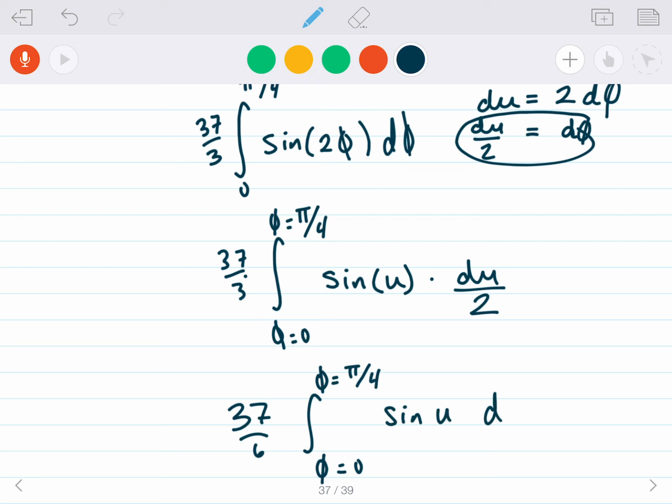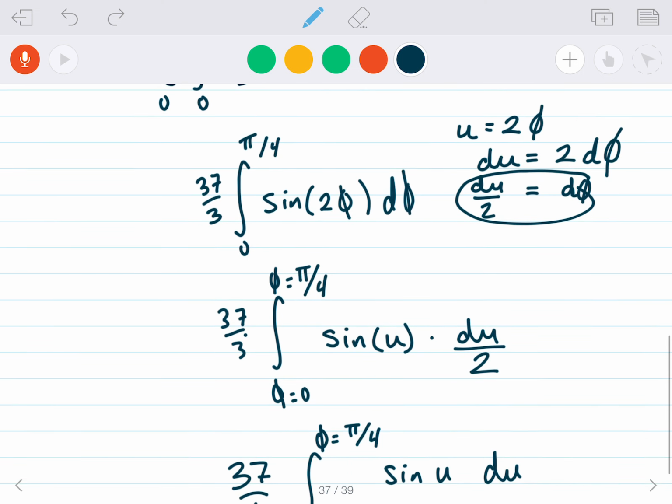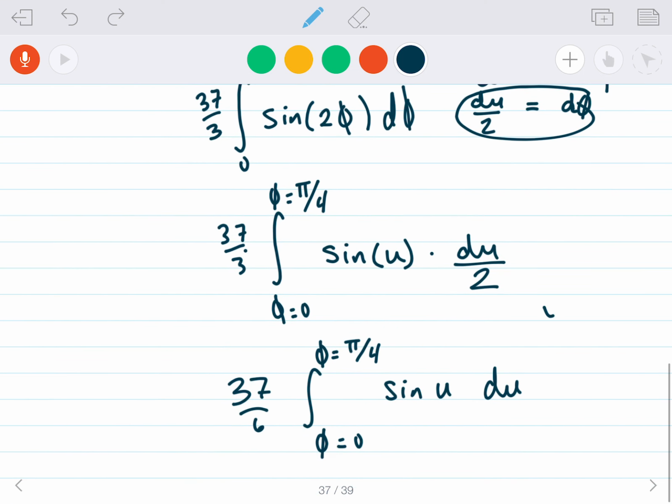So the last thing to change are these limits here. Instead of phi, we want to be in terms of u. So u is equal to 2 phi. If I plug in 0 here, I still get u equals 0, so that can stay as it is.